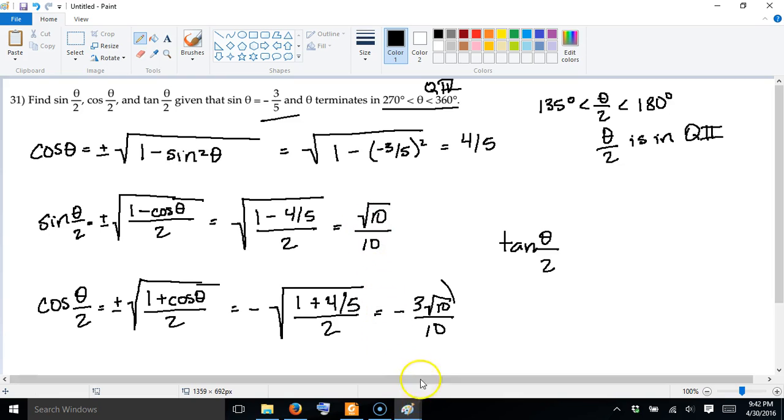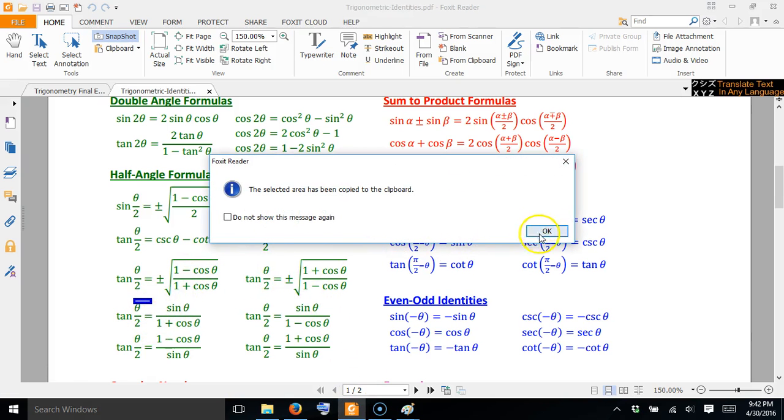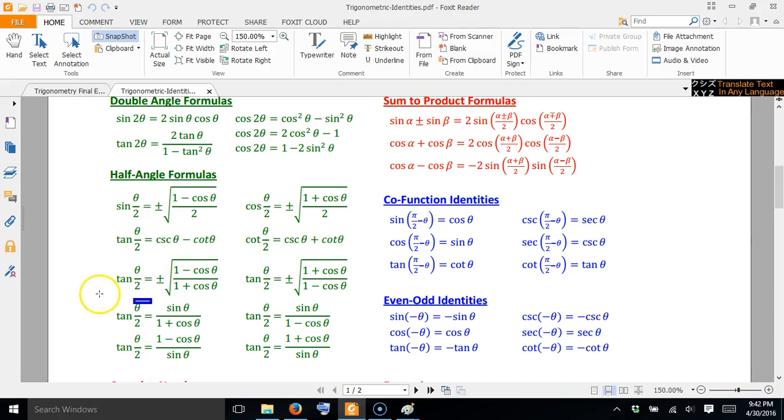I don't care the way you do it, just find it. But here's some tangent identities for the half angles. Pick one and use it to help you in figuring it out.